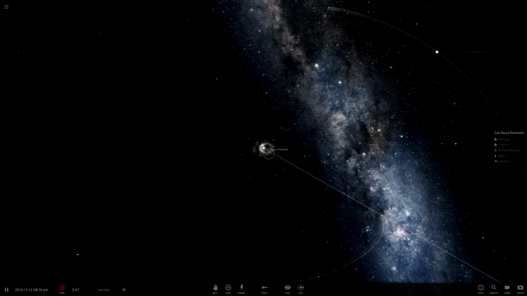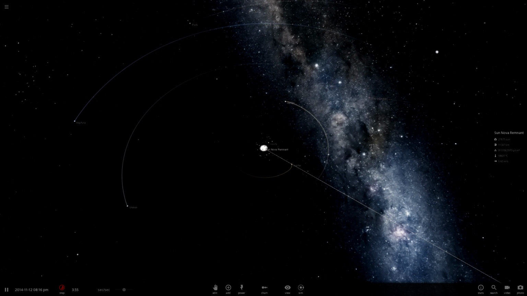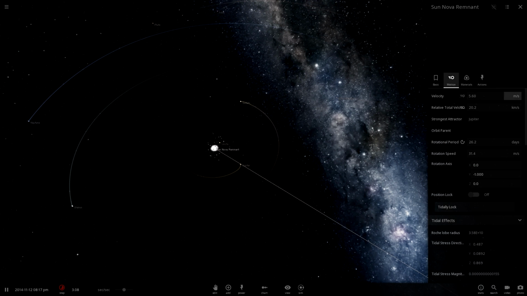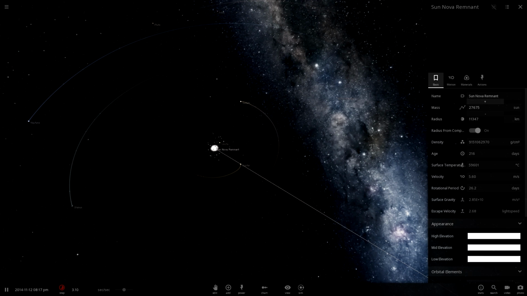So now everything is moving extremely fast. But the inner, well, not inner planets, we deleted those. The outer planets are pretty much just chilling, you know. They haven't had enough time to move in that far, and they have much too much mass on this slow 3 seconds per second time scale.